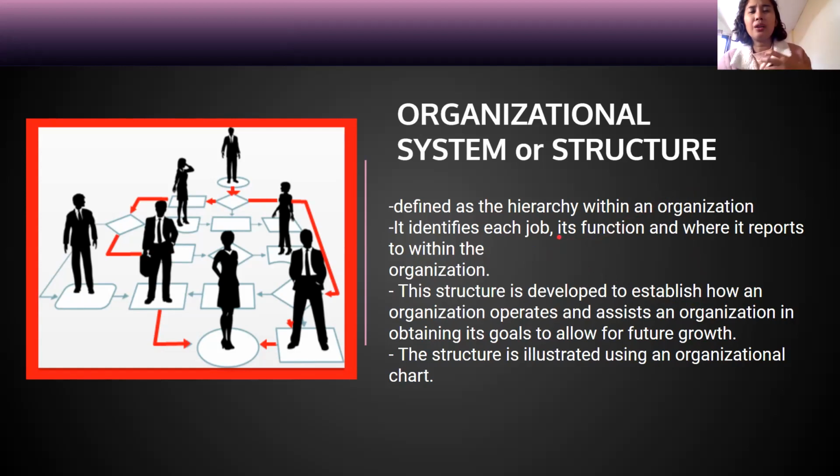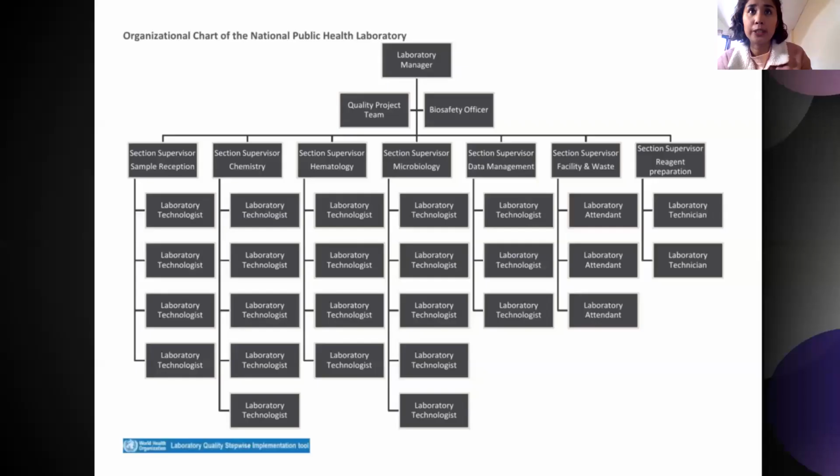So being organized, it is divided into jobs and functions. This structure is developed to establish how an organization operates and to assist an organization in obtaining its goal. Okay? So the organization is organized in order to obtain the goal. The structure is illustrated using an organizational chart.